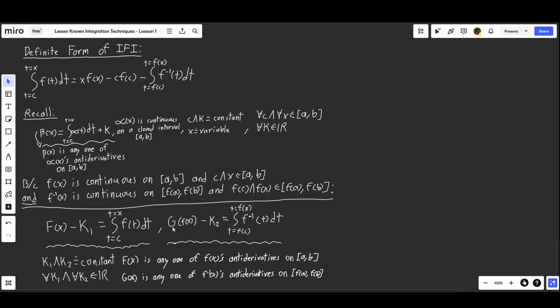If you are wondering why it's g of f of x instead of g of x right here, it is because in the definite integral, the upper bound is f of x instead of just x, as shown up here.